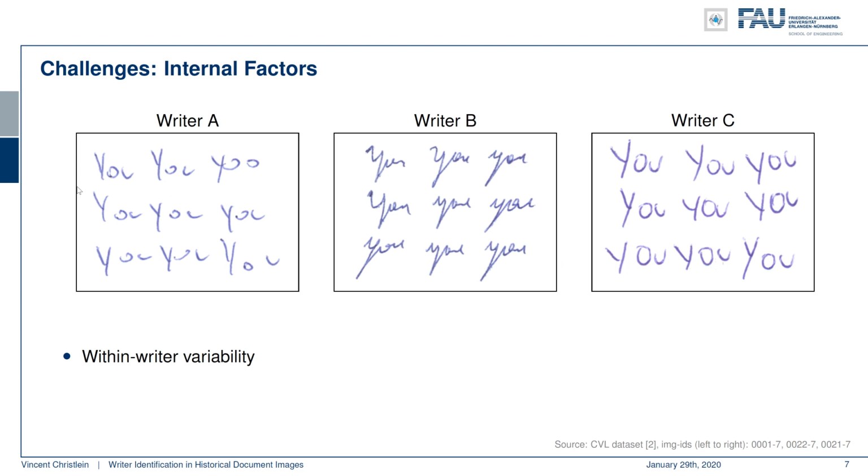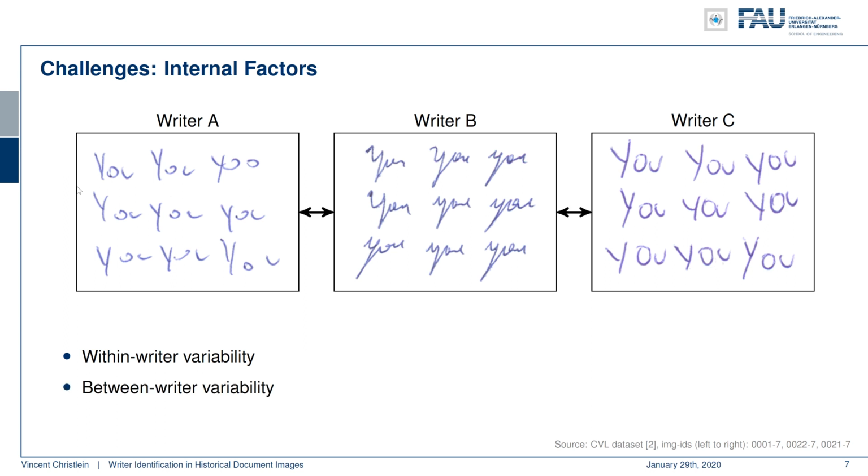Of course, we have quite many challenges in writer identification. First of all, the within-writer variability. If you write the word "you" nine times, it typically always looks different. Of course, you can train yourself so that it appears very similar nine times, but there will be some variation.